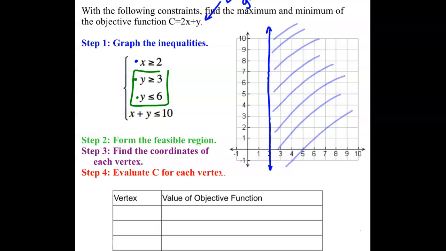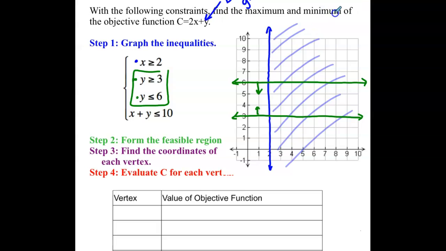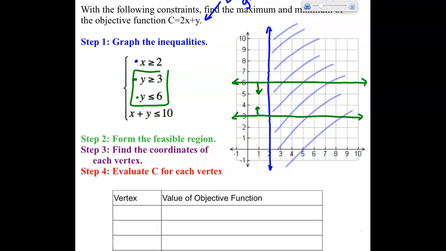So the result of that is that we have two cutoffs, one at 3 and one at 6. We want to be greater than or equal to 3, so we want to be going up from there, but we also want to be going underneath the 6. So the net result of that is just the section in between those two lines.